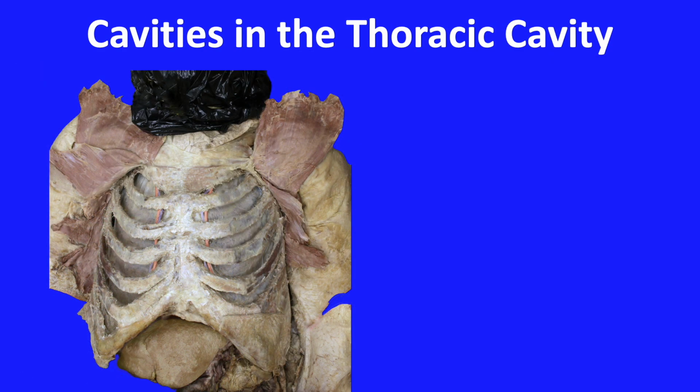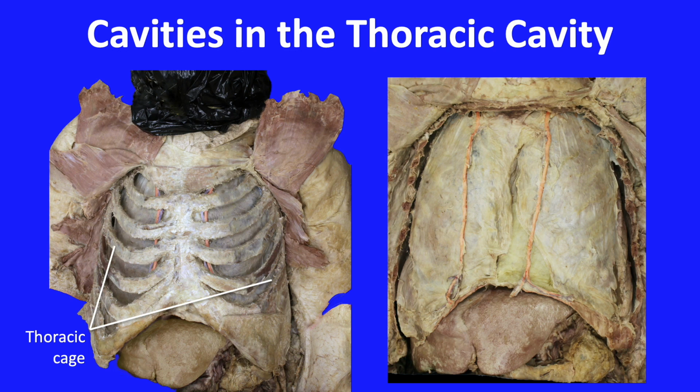On the left panel, an intact thoracic cage in which the extrinsic and intrinsic muscles of the thorax were removed is shown. On the right panel, an image of the thoracic cavity after removing the thoracic cage is presented.